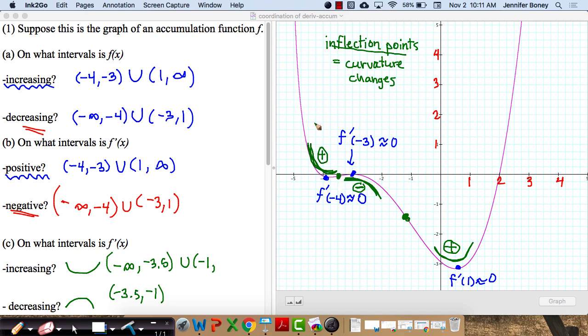This point here is changing from increasing to decreasing first derivative at this spot. And at this spot, the first derivative changes from decreasing to increasing. Again, not negative to positive derivative, but decreasing first derivative to increasing first derivative. My derivative was becoming more and more negative, and then it started going back towards zero again, and then continued on past zero into the positives.